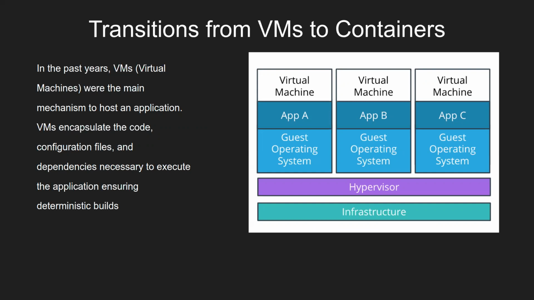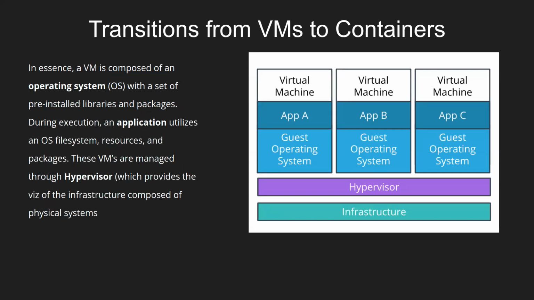So this simply meant that a lot of people would be developing Vagrant files for deploying applications, which then encapsulates your configurations and your files and all that. This will then obviously ensure that builds are deterministic.